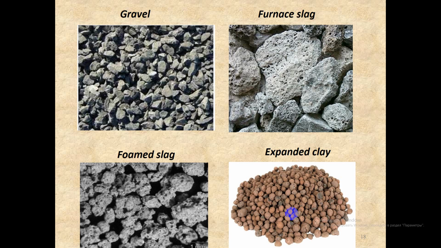Aggregates should not have excessive dust coating, which can reduce the bond between cement and stones and increase water demand. Other undesirable ingredients include pyrite, coal, and sulfate.